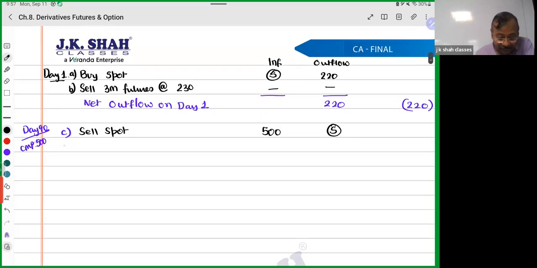Then futures sold at 230, now squared off.